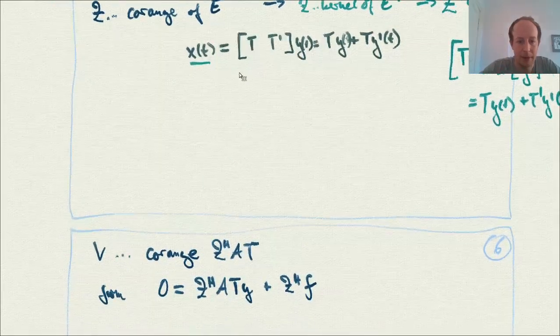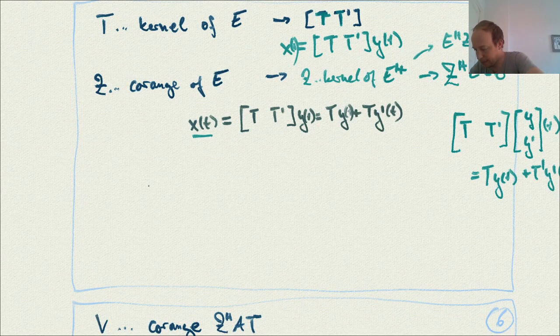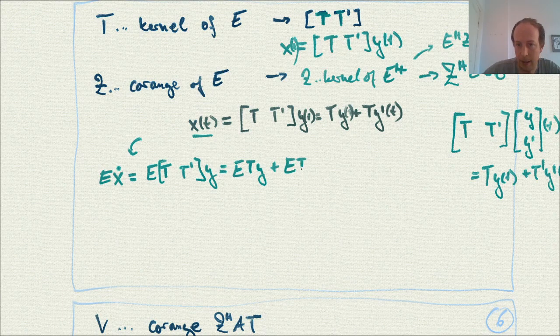All right. What does this mean? We have x written in this form, and this in particular means that if we consider E x dot, that is the same as E T y plus E T dash y dash dot.